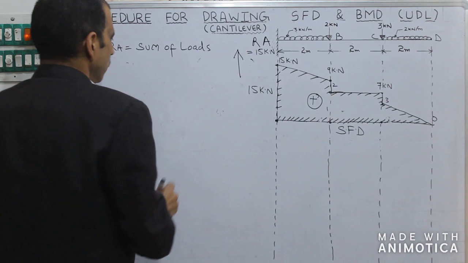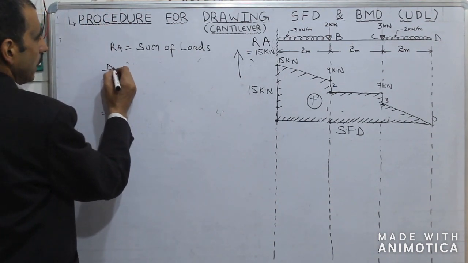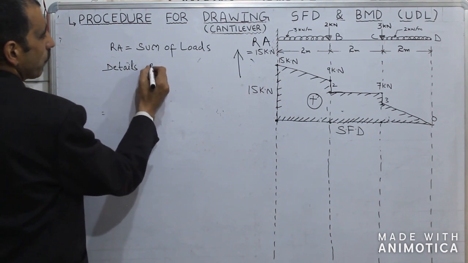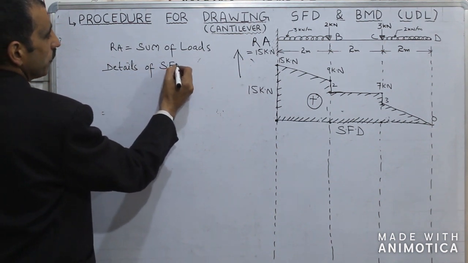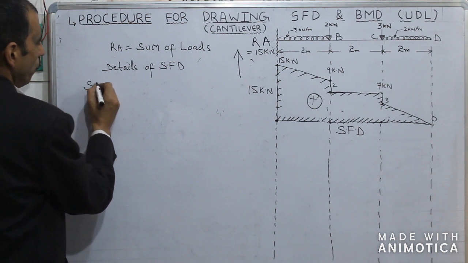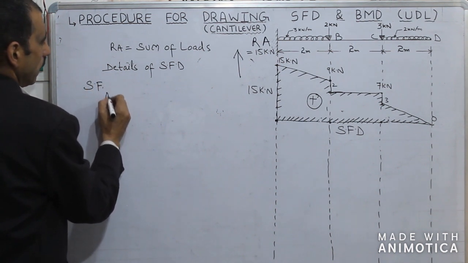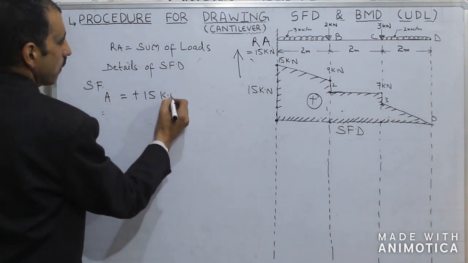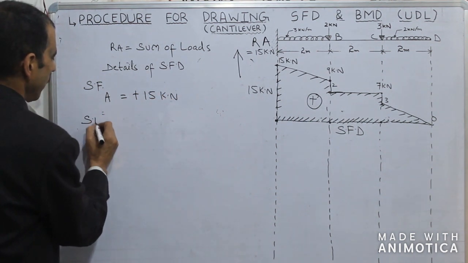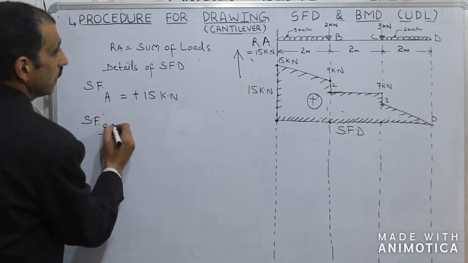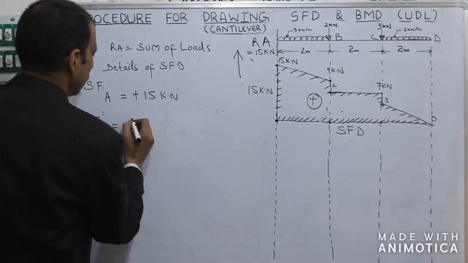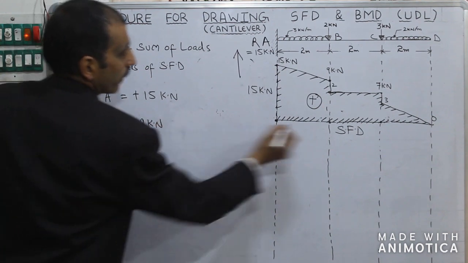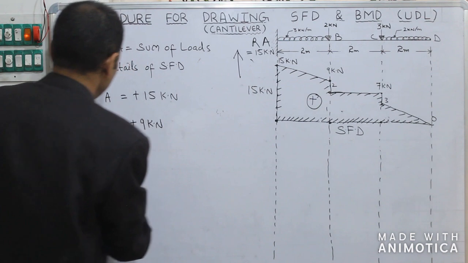Now, after that, I will write the details of the shear force diagram. Shear force at A is plus 15 kN. Shear force at B is 9 kN, from reference point to outer edge.